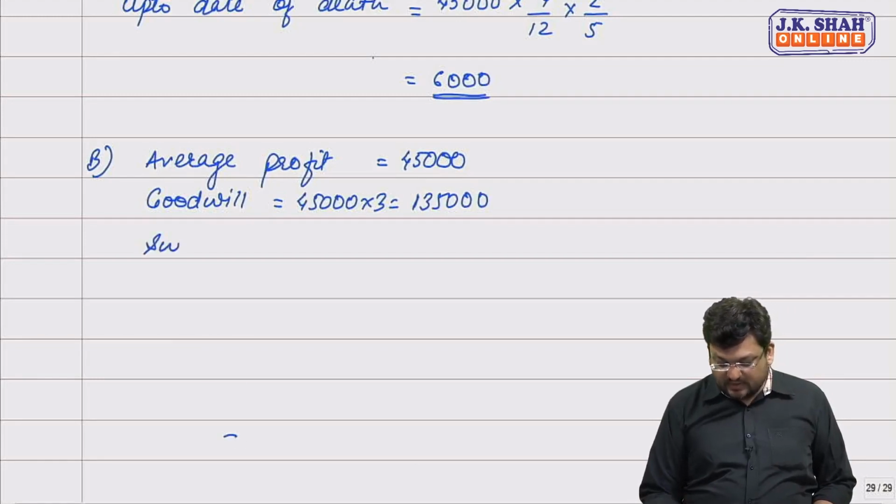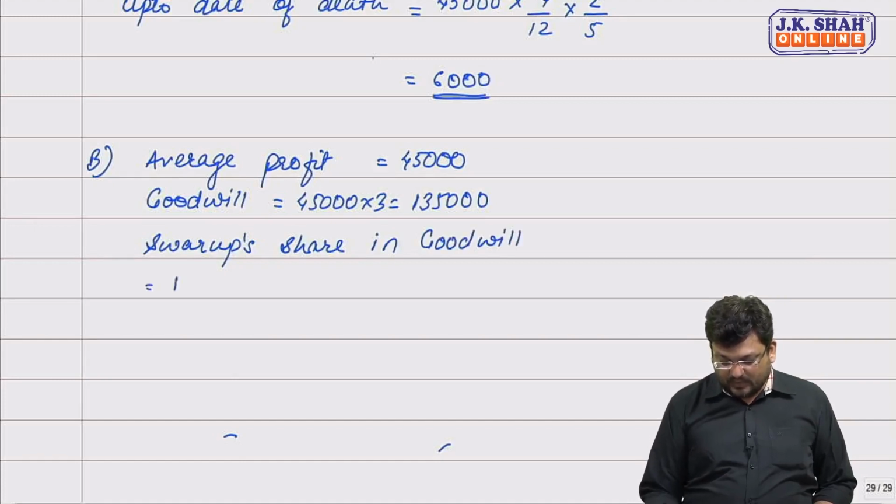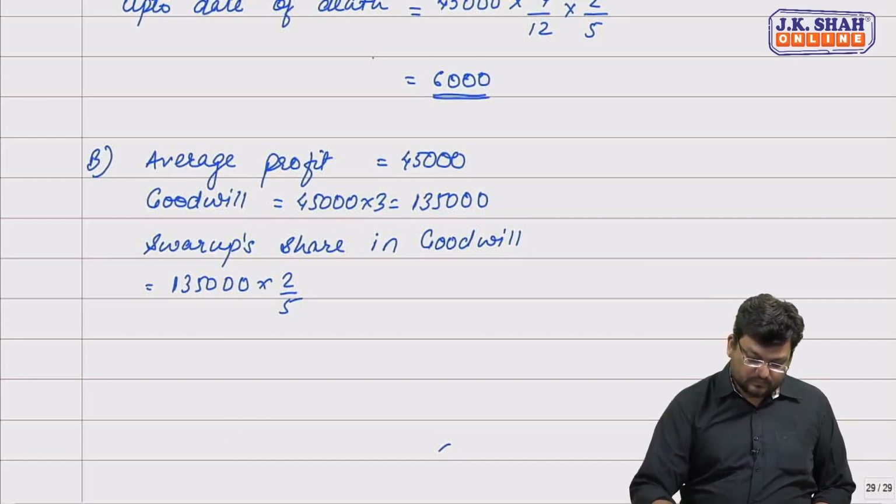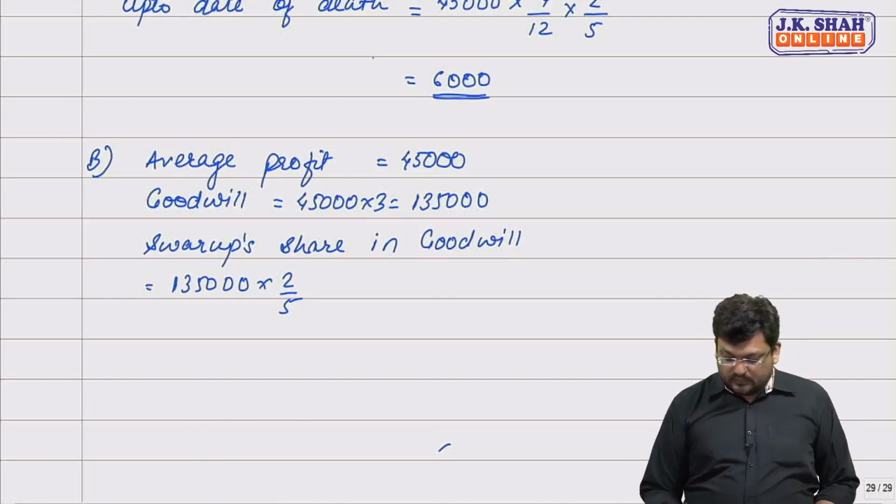We are here only concerned with Swaroop's share in goodwill. Now Swaroop's share in goodwill will be 1,35,000 into 2/5. It is 54,000.